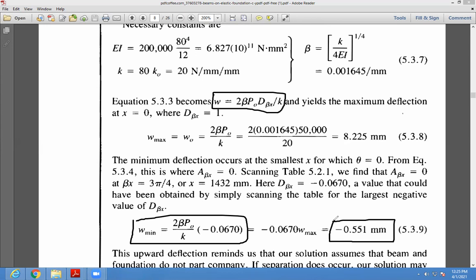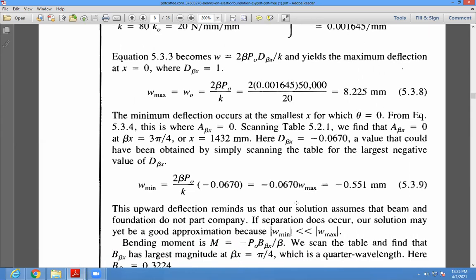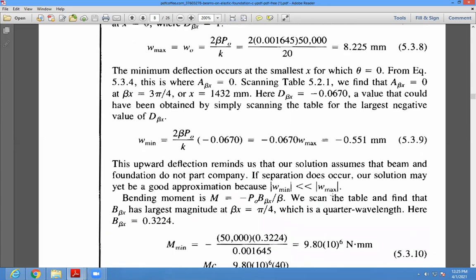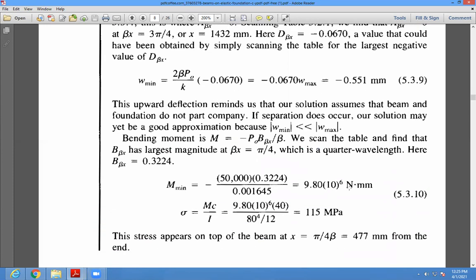Put the value of beta, P naught and K. Correct, sir. Okay. Now the value of your deflection is known to you.